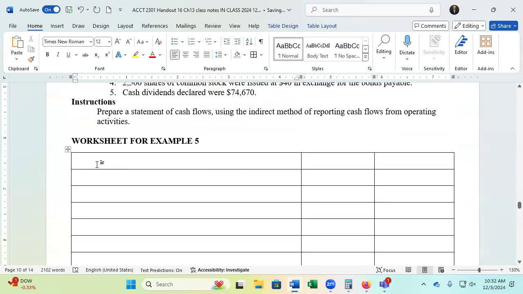We've got these pieces separated for you so that you can look at them while we're going through them. We won't finish this problem today, but take a minute and walk through these two statements that you've got. You've got the balance sheet and the income statement.